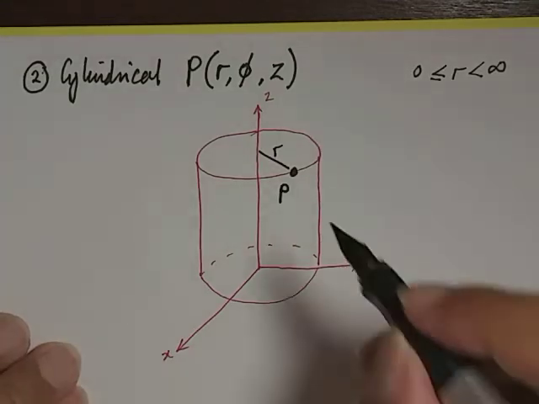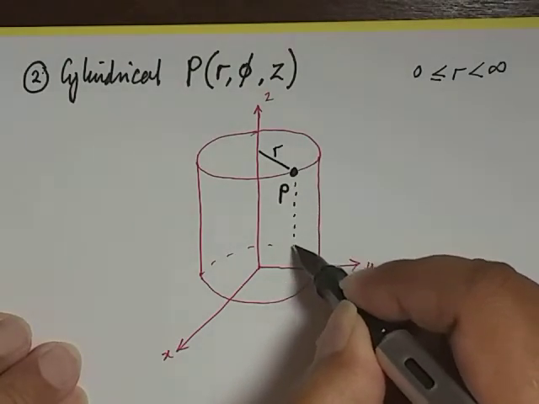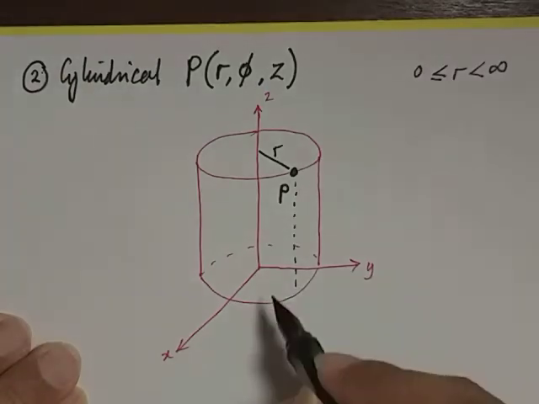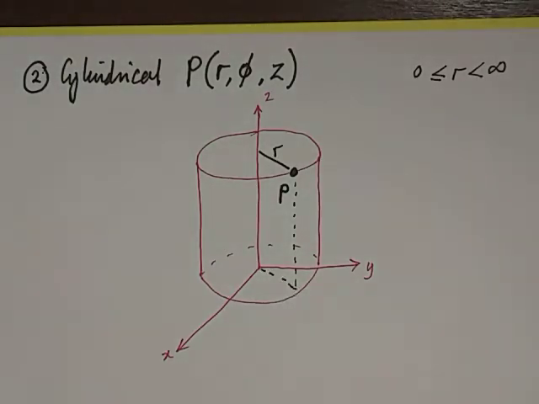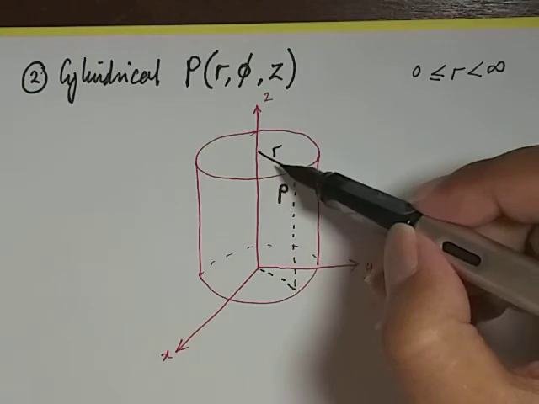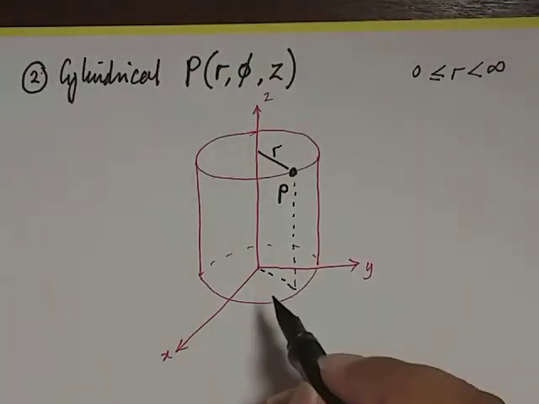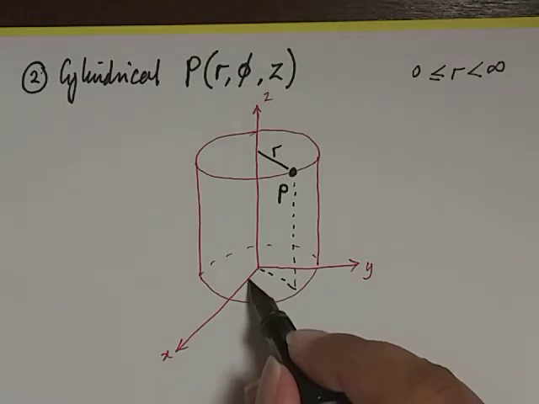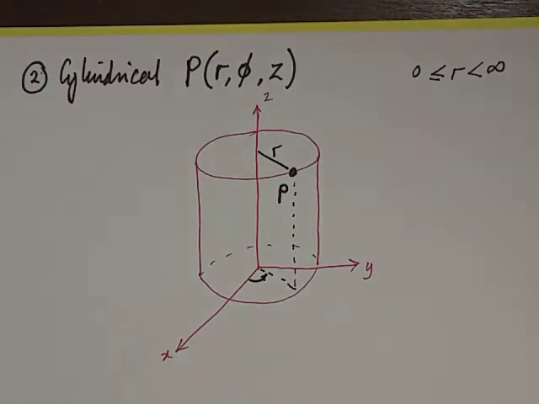For phi, we must project the radius r so that it appears on the xy plane. So this should be the way we define phi. Again, I would like to repeat. To define phi, we need to project the radius r onto the xy plane, and from there, from the x-axis, we calculate the angle until it coincides with the projection of radius r.